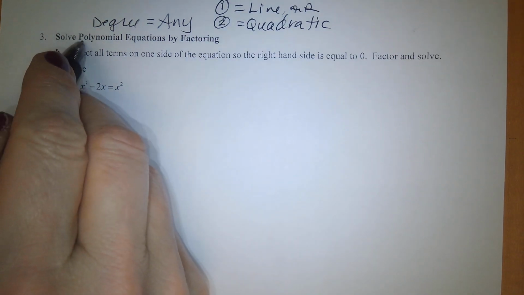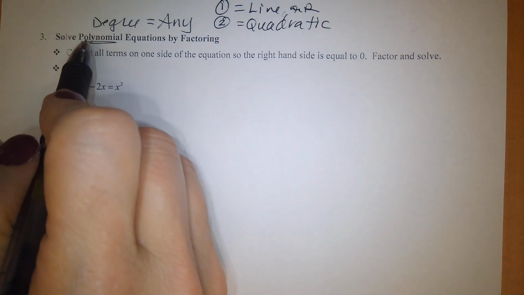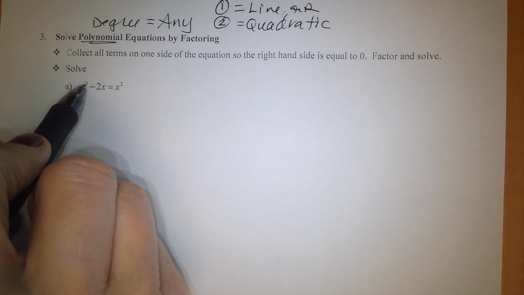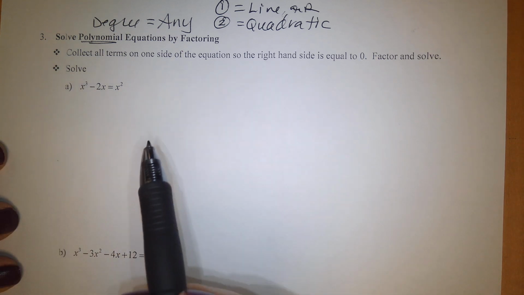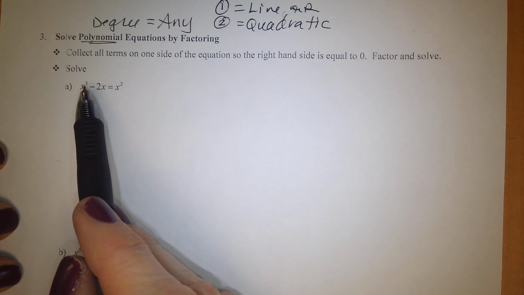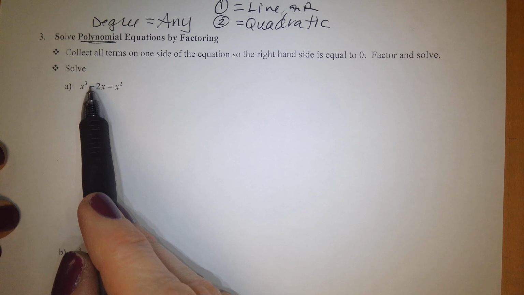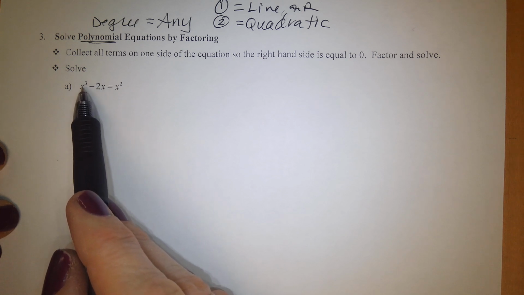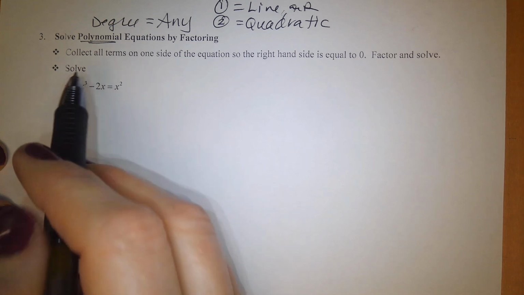Anything above that, we simply just call it a polynomial, meaning the degree can be any power at all. When the degree is something higher, like to the 3rd power, or even higher to the 4th or 5th or 6th, we might have more than just 2 answers. This one might have up to 3 possible solutions. So we want to make sure that we check and try to find all of them.